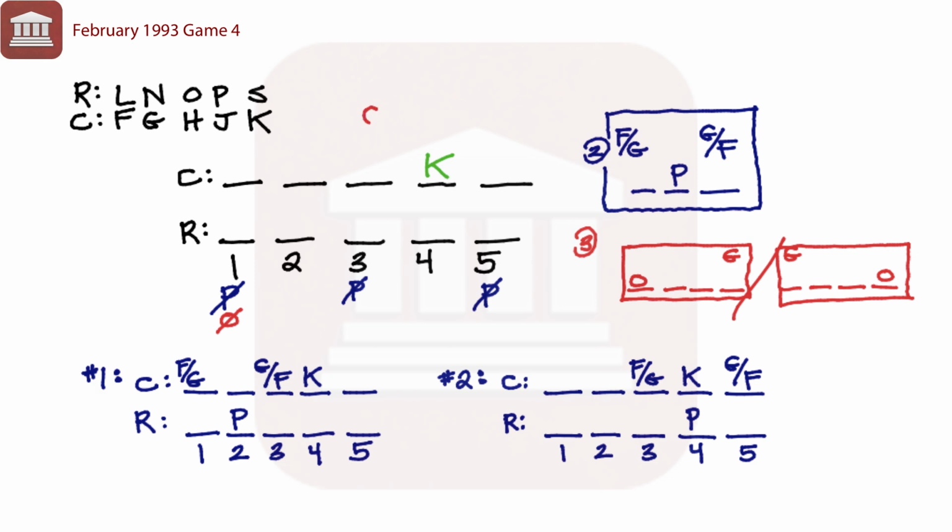So G cannot be 3rd, and you notice what that does to our 2 scenarios. If G can't be 3rd, then in both of these scenarios, F is going to be 3rd, which means that in scenario 1, we would have G first, and again, we know 2 lanes after is going to have to be O, placing O and K. In our second scenario, we're going to have G 5th. Again, O would have to be 2 lanes before, placing O in 2.